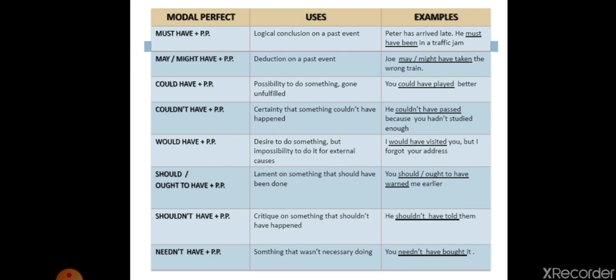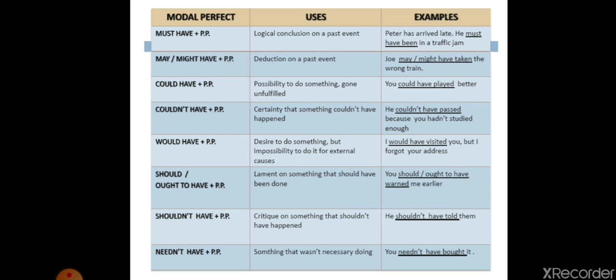Now, could have plus past participle. You could have played better. So this shows the possibility to do something that has gone unfulfilled. Then couldn't have plus past participle. Let us see the example. He couldn't have passed because he hadn't studied enough.